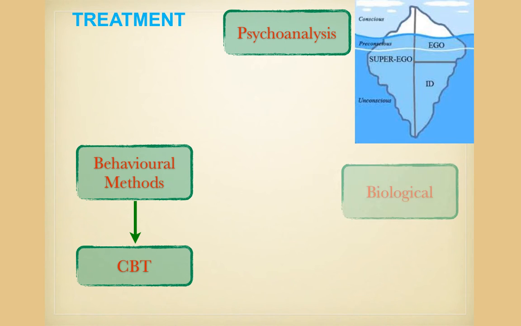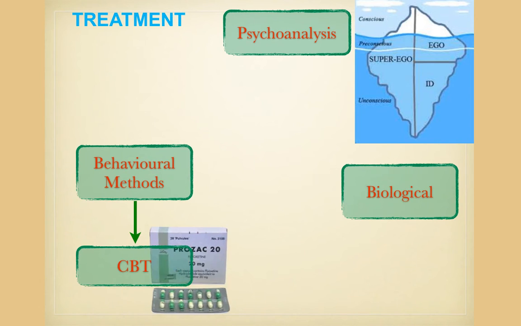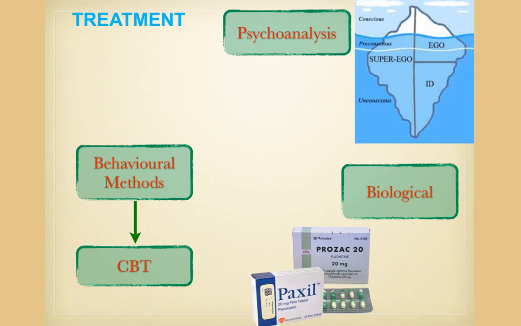Now, biologically, there is a role to play, limited in terms of its success, but antidepressants, especially the SSRIs like Prozac and Paxil, have shown some limited success. However, some success.